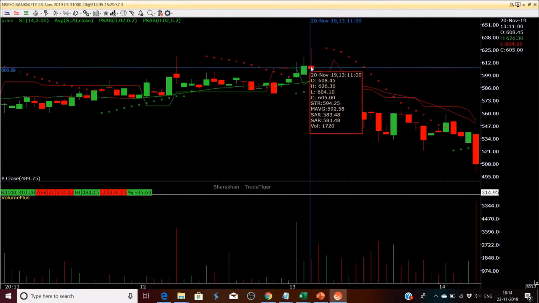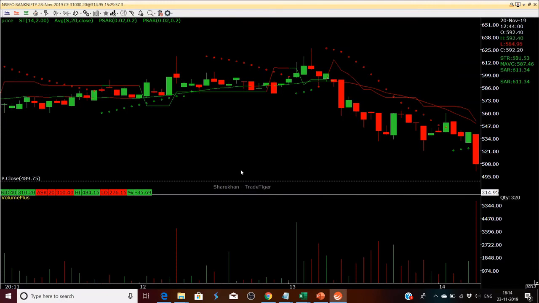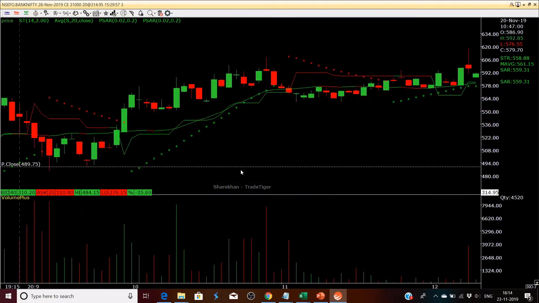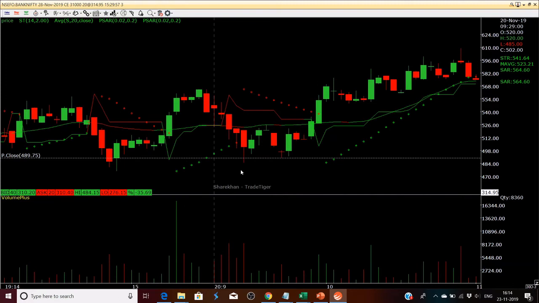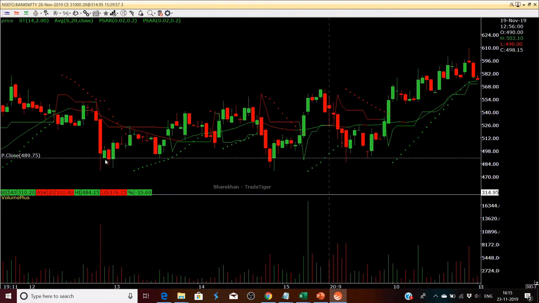But if you do the same thing again on this bar, then your reward is bigger. So when you see these kinds of bars, you have to buy a put. When you see these kinds of topping tail bars, you have to buy a call.